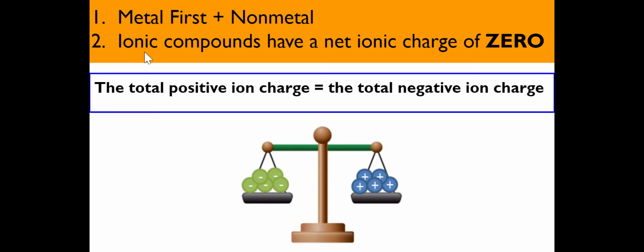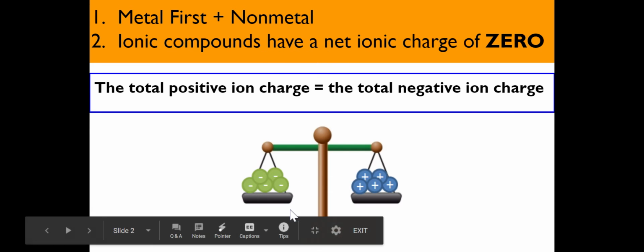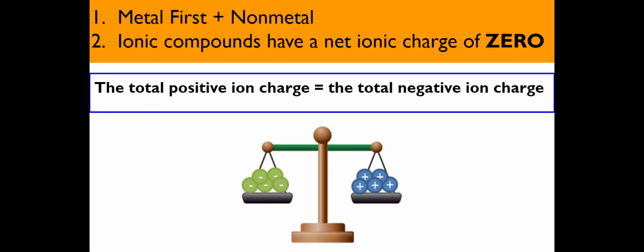And one more thing is for any ionic compound, it has a net charge of 0, meaning the whole compound has no charge. What it means is the total positive ion charge equals the total negative ion charge. So please write this part down in your notebook, and I'm going to explain in more detail.